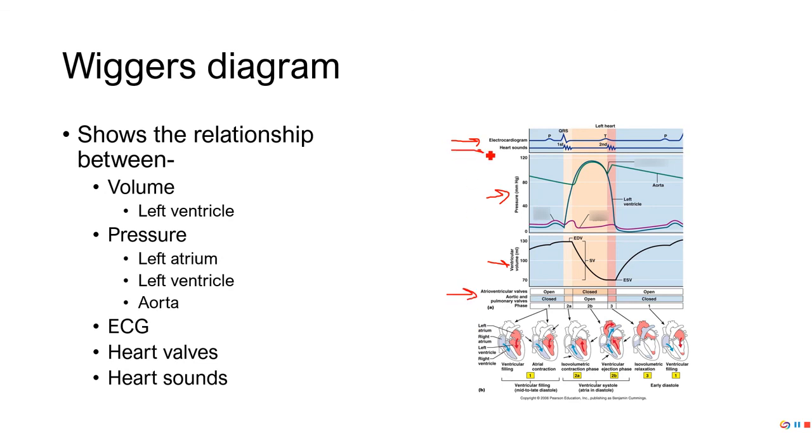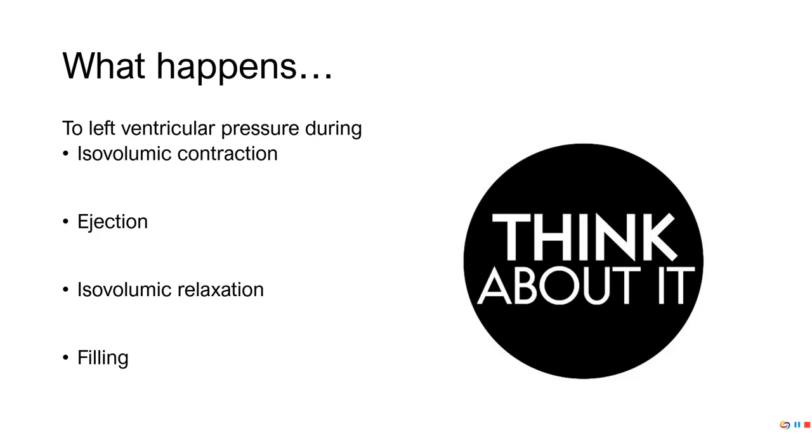I probably should have put those in order. As we go through this, I'm going to ask you a few thought questions. Obviously you're not here to answer them, but I want you to try and think about this as you go through. So what is happening to left ventricular pressure during each of these phases?